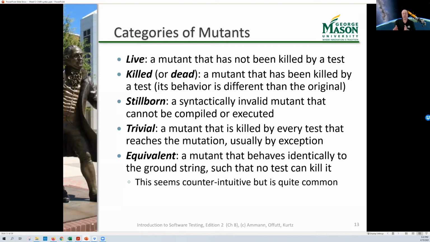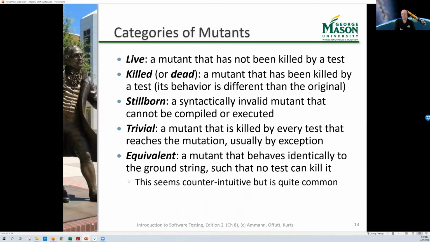Last of all, we can have an equivalent mutant. And this is kind of a weird one. An equivalent mutant is a mutant that behaves identically to the original. There is no possible test that can kill this mutant. Even though it's syntactically different from the original, it is semantically identical, so that it always behaves in exactly the same way.